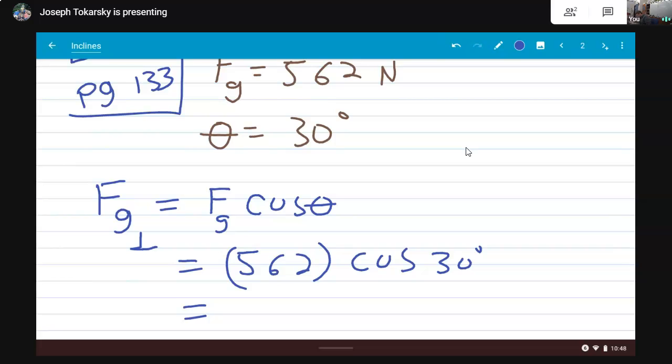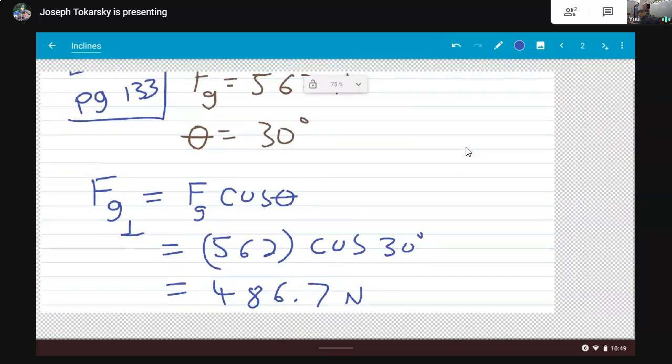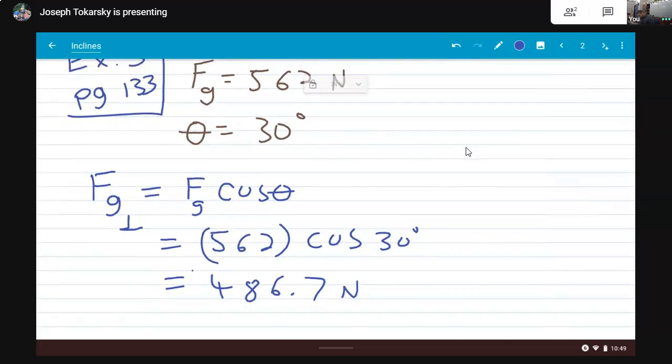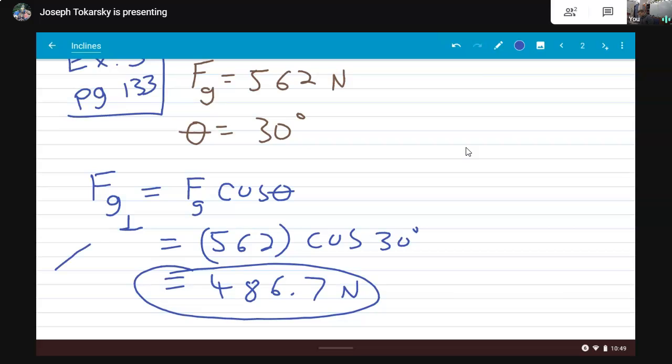Running those numbers right now, I get about 486.7 newtons. Again, let's realize what this number really is. Since it's the perpendicular component of the weight, that's how much of the weight is pushing this crate into the incline. Okay? Into the incline.